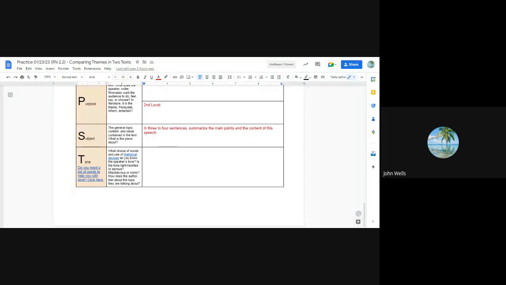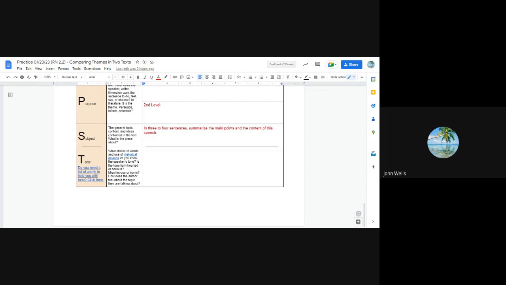And then finally, tone. How did this come across? Now, remember, we talked about the difference between tone and mood. Tone is how the author, or the speaker in this case, felt about the message, or felt about the content, or felt about what they were talking about, right? What was their emotion? Okay. Happy, sad, angry, upset, hopeful, whatever, right?